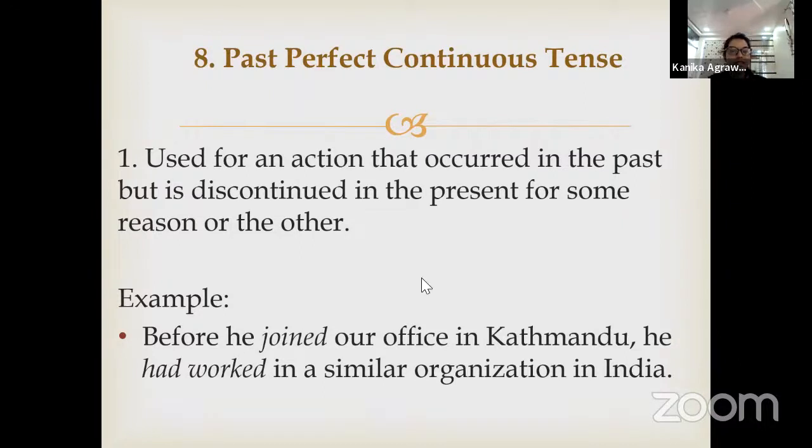Okay, guys, did you get an example of past perfect continuous tense? Are you clear with this? One more example would be: before I wore this red shirt, I was wearing, or I had worn, the yellow shirt. Okay, it can be used like this also.